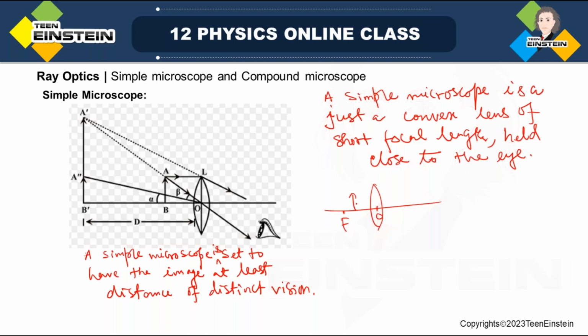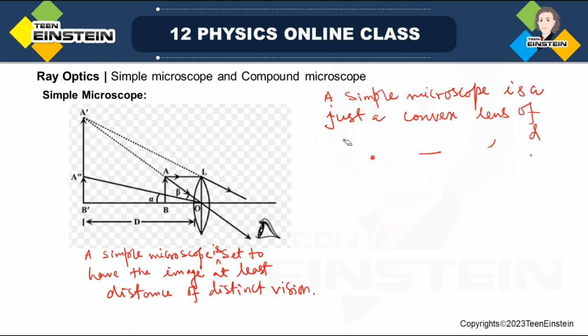That image will be virtual, erect and magnified. I'll just clear this definition of a simple microscope. I hope you have noted it down.